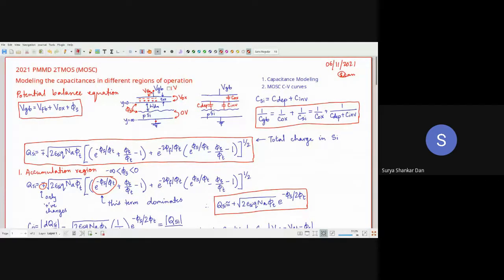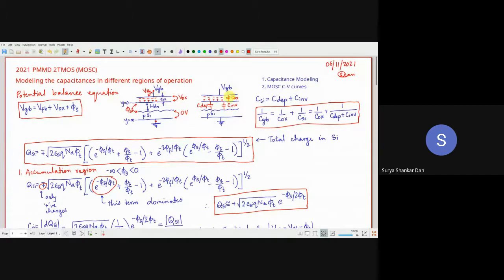So if we look at the separation of charge, there is a metal and here is the semiconductor. If this is the oxide, I told you the oxide will have dipoles, right? So there is a separation of charges. What is the charge separation here? The distance between the charge separation is simply Tox, which I have written.